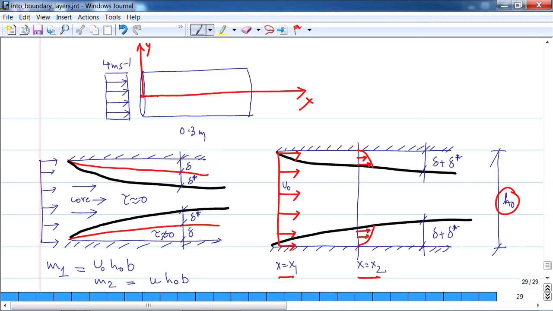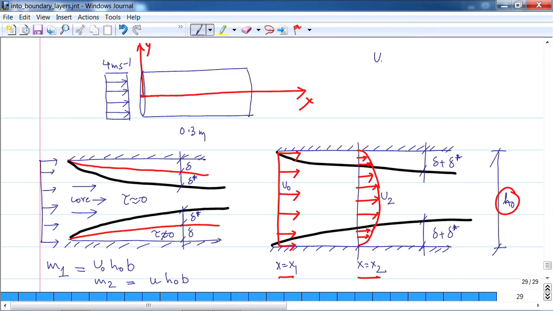In that case, therefore, this velocity has to increase, this velocity has to be more than u naught to compensate for the whole thing. So that my mass is conserved, which means that here say the velocity is u2.